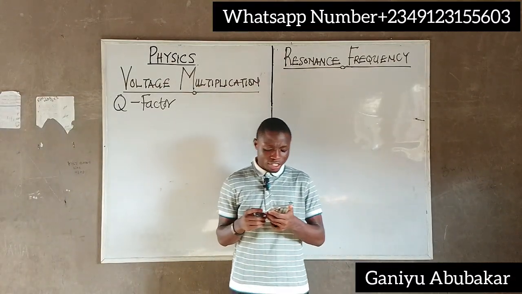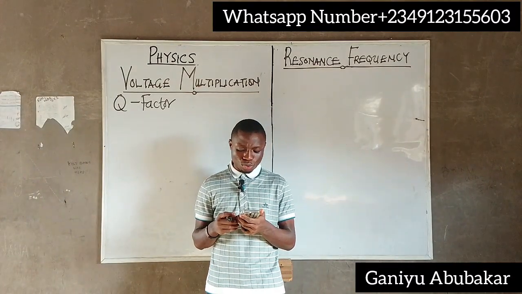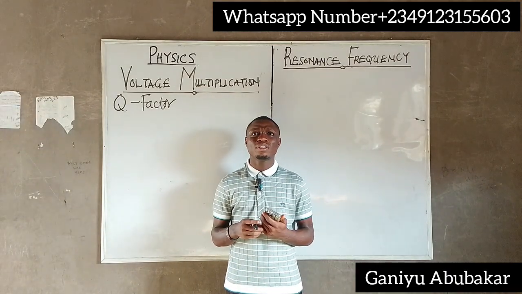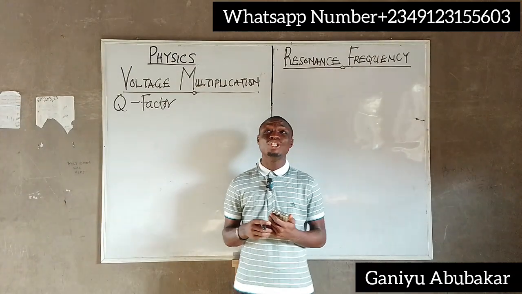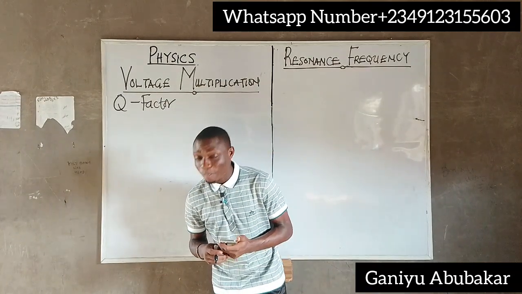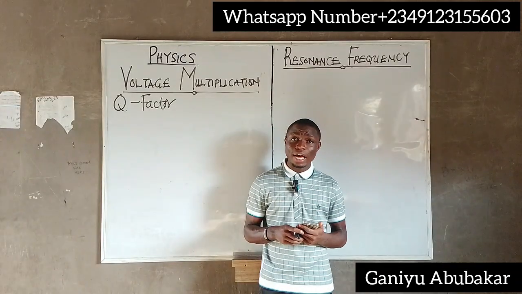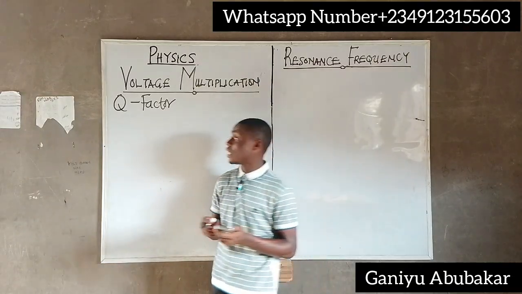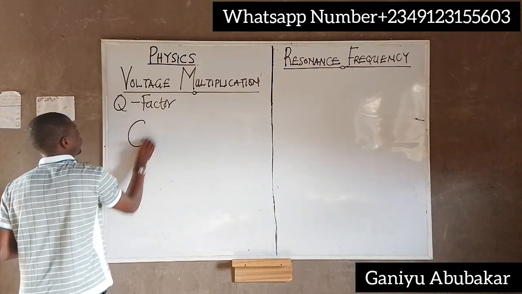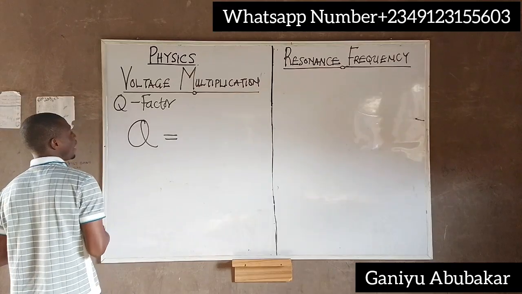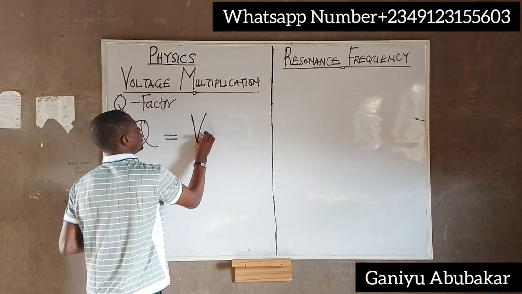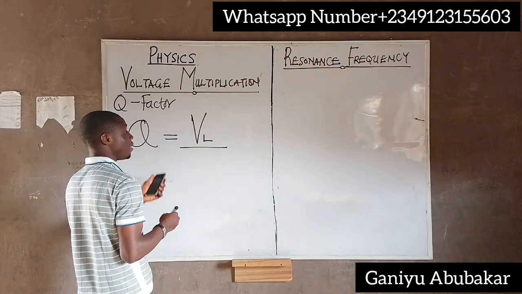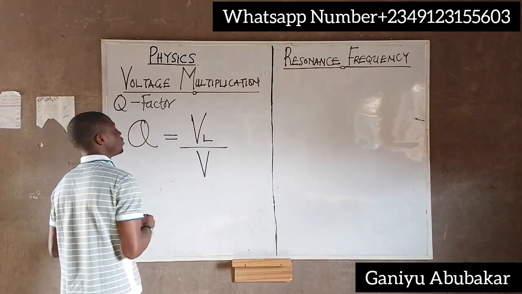Definition: it is the ratio of VL to the applied voltage. VL is the voltage across the inductor. So the Q factor, or voltage multiplier, is the ratio of VL, the voltage across the inductor, over the applied voltage V itself.